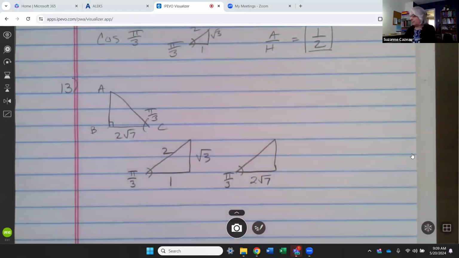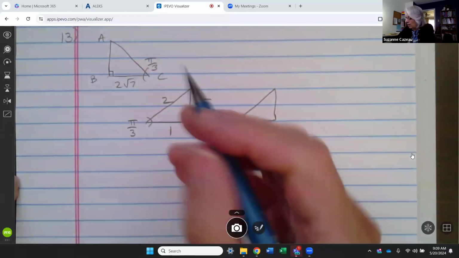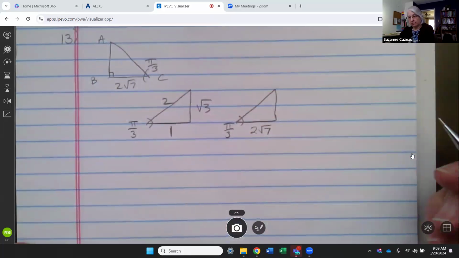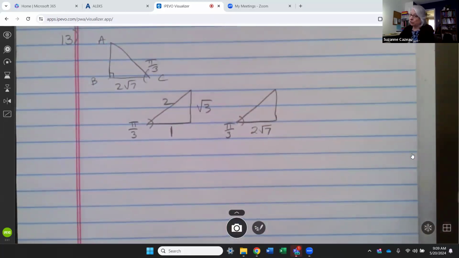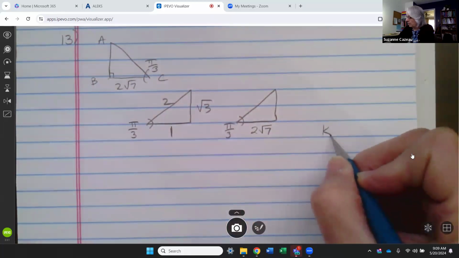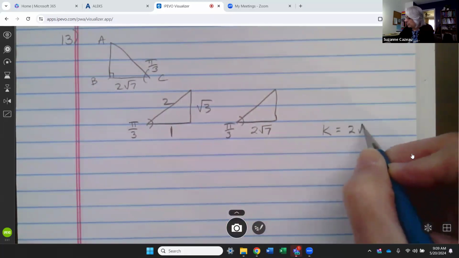So I want to say to myself, what times 1 gets me 2√7? And that's going to be 2√7. So if you remember, this is your constant of proportionality.